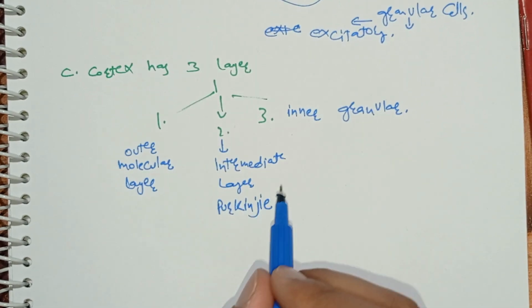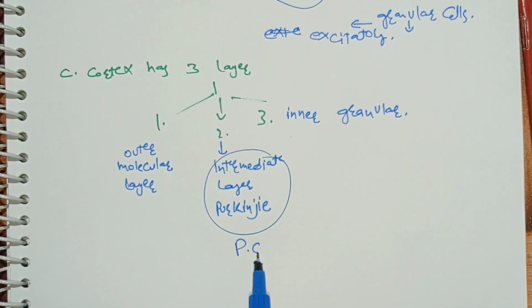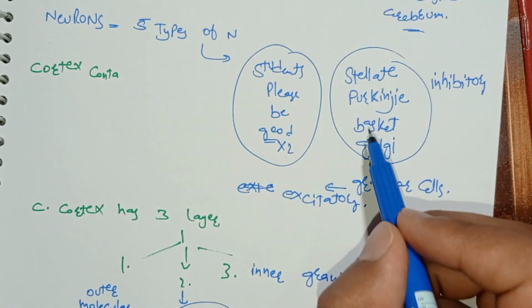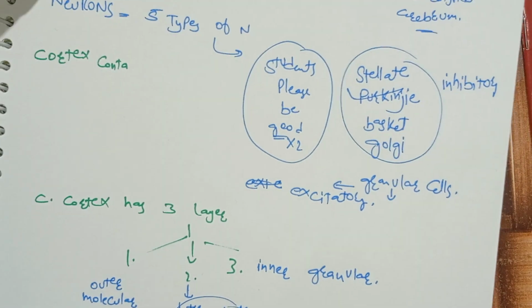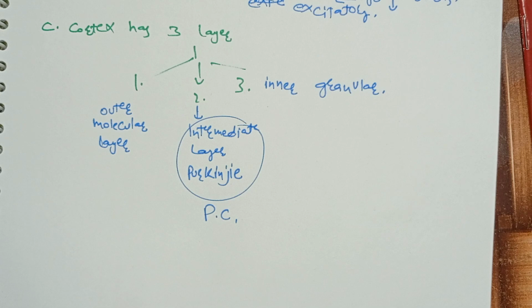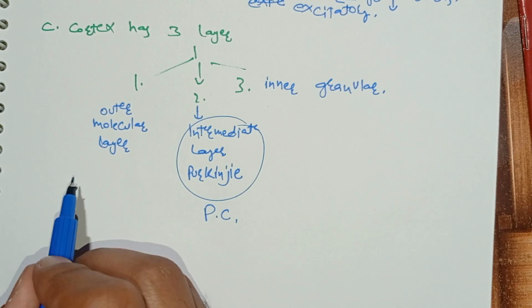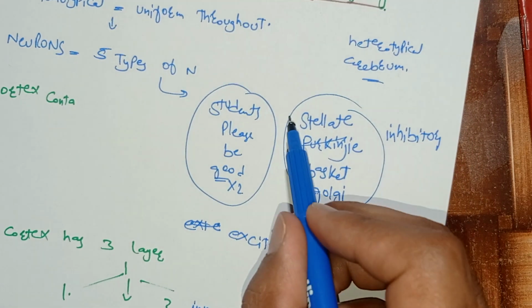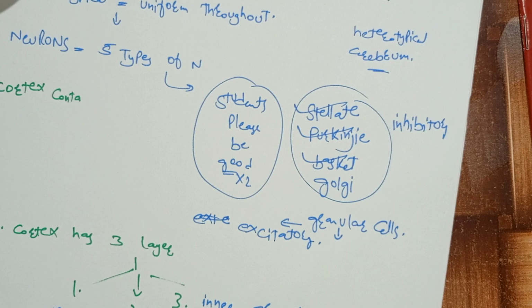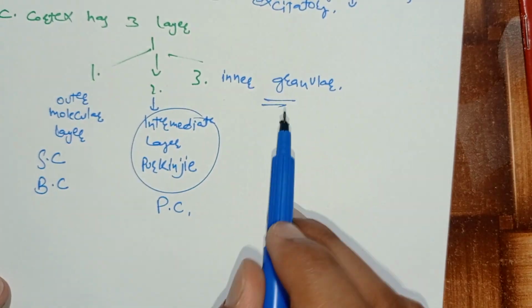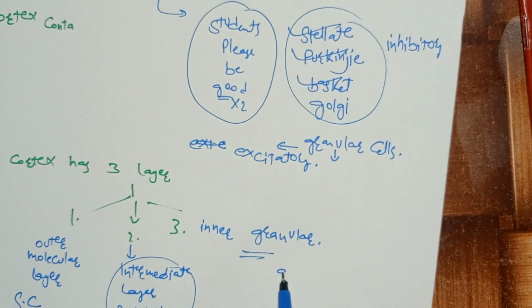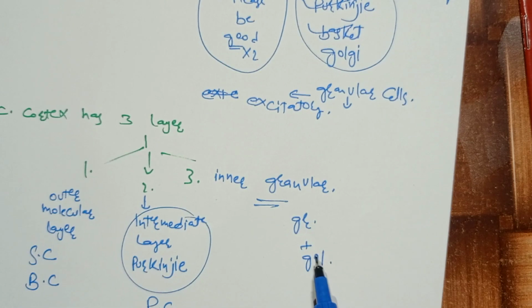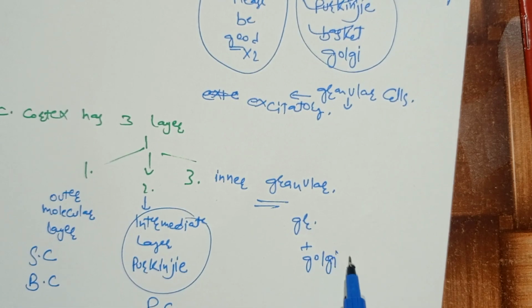The intermediate layer contains Purkinje cells. The outer molecular layer contains stellate and basket cells. And the inner granular layer, as the name suggests, contains granular cells, and it also contains Golgi cells.